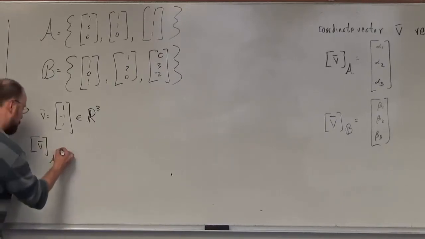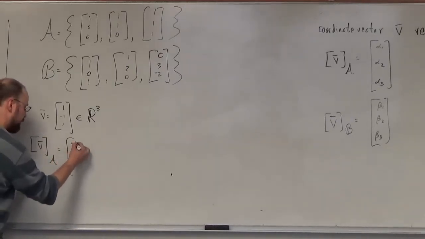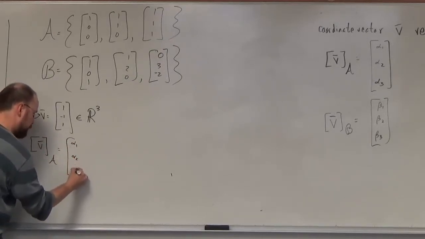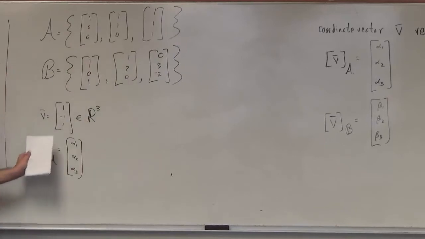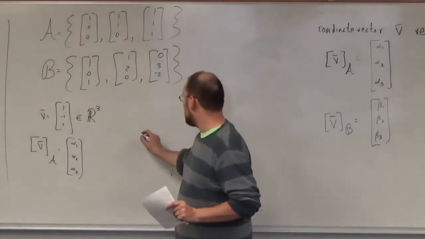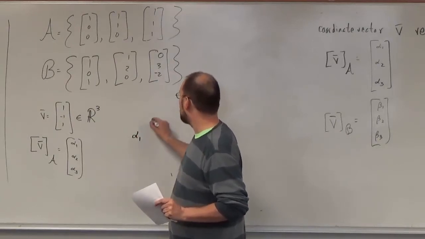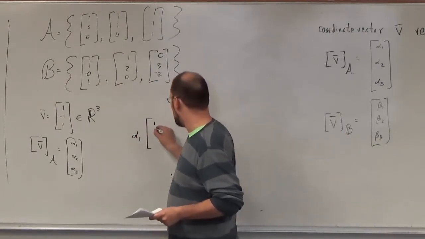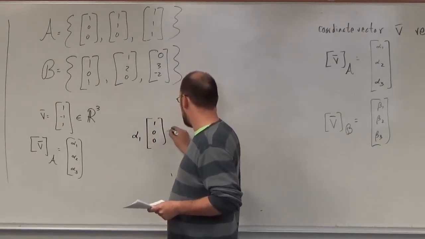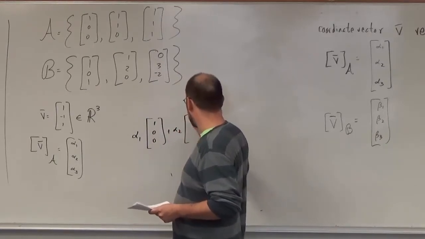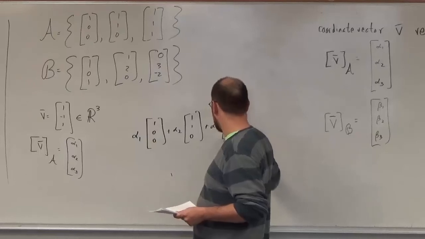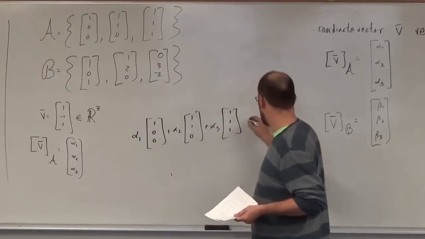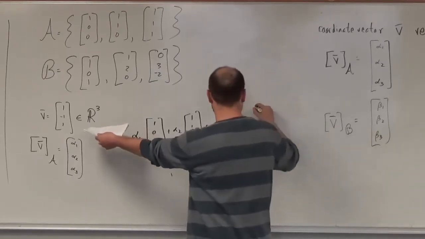Okay, so this coordinate vector consists of entries which are the numbers multiplying the basis elements of A to give you this vector, right? So this is a vector such that alpha 1 times the first basis element plus alpha 2 times the second basis element plus alpha 3 times the third basis element gives you the vector V.